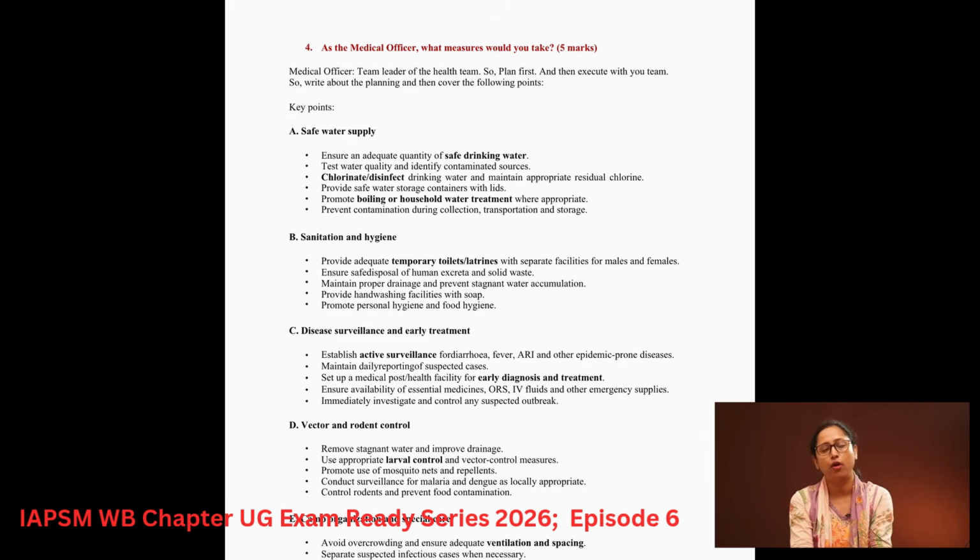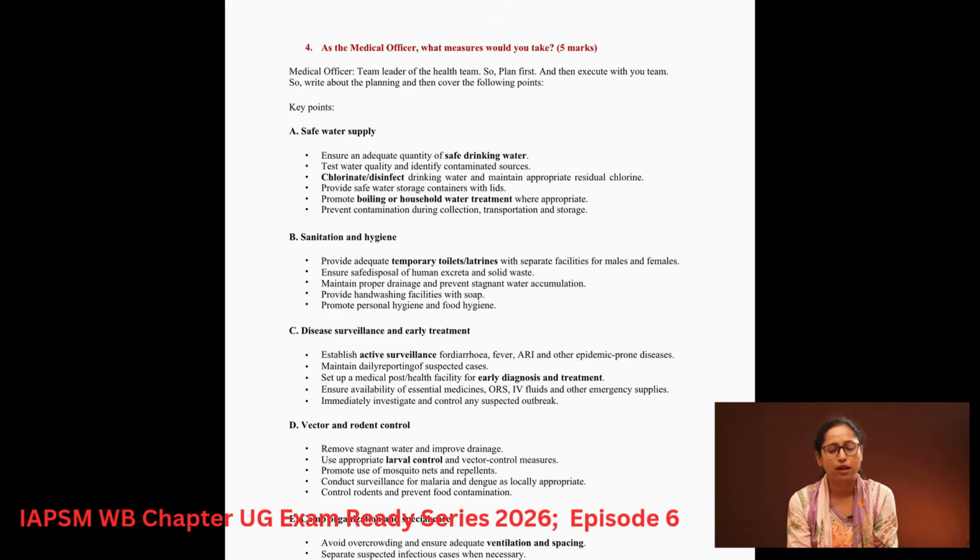Generally, we do not promote boiling because it is costly, it costs a lot to those families, but where we cannot give the supply of safe drinking water for maybe 1 or 2 days or 3 days, we can promote safe drinking water by boiling them. Prevent the contamination during collection, transportation and storage.